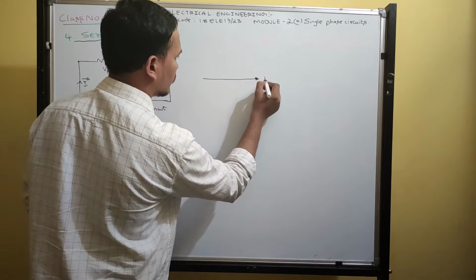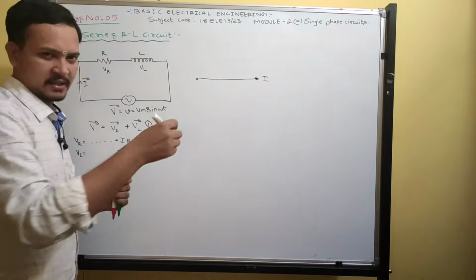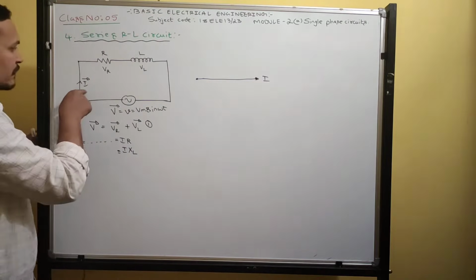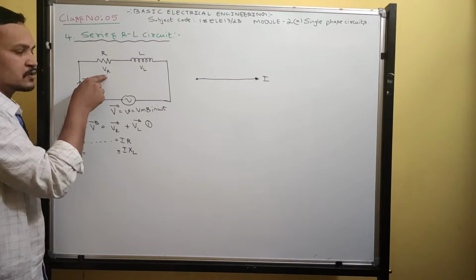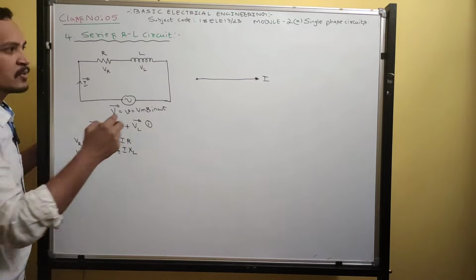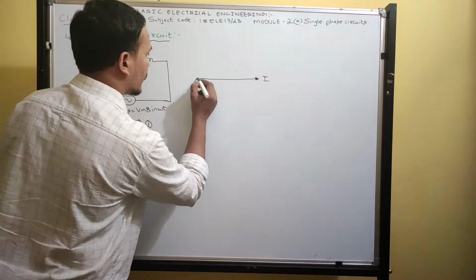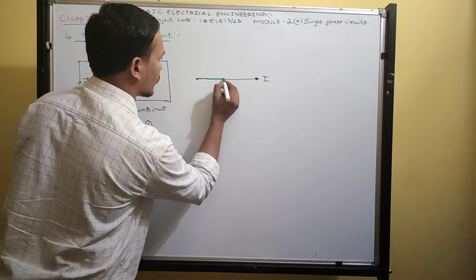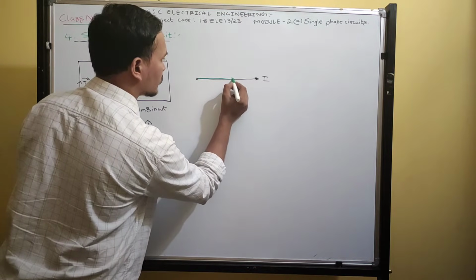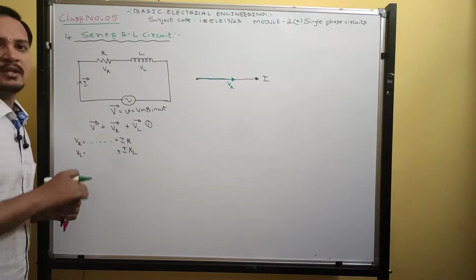Now I have taken current as reference, so the reference will lie on the x-axis. Whenever current flows through the resistor, a voltage drop across the resistor takes place. Due to resistance, what is the angle between voltage and current? 0 degree. Therefore the voltage drop across resistor, that is VR, is in phase with the current.